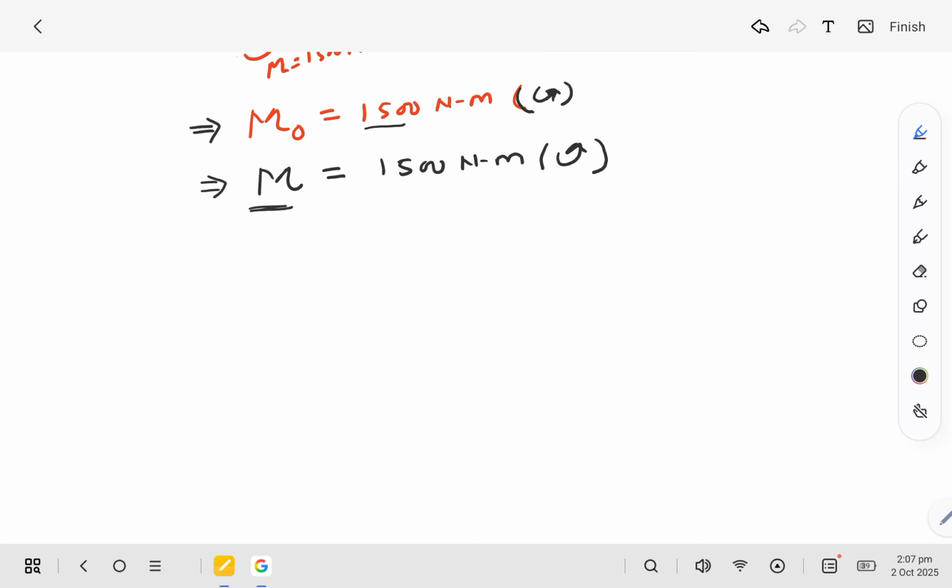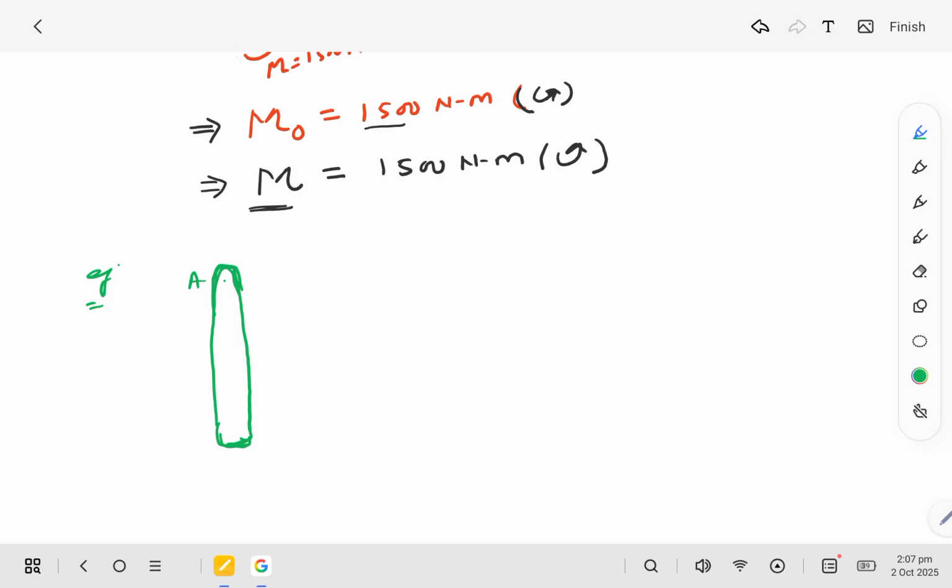Similarly we can take another example. Let's say we have any object, and one force is acting.